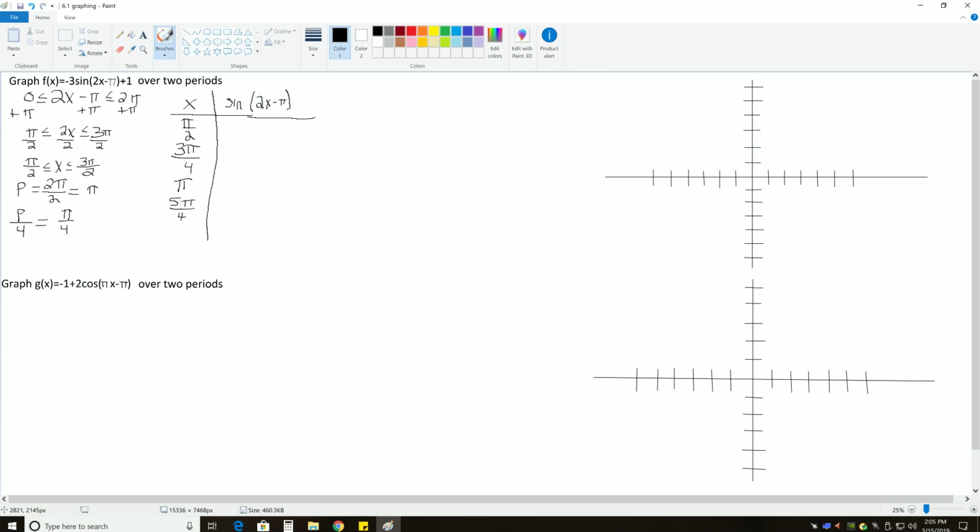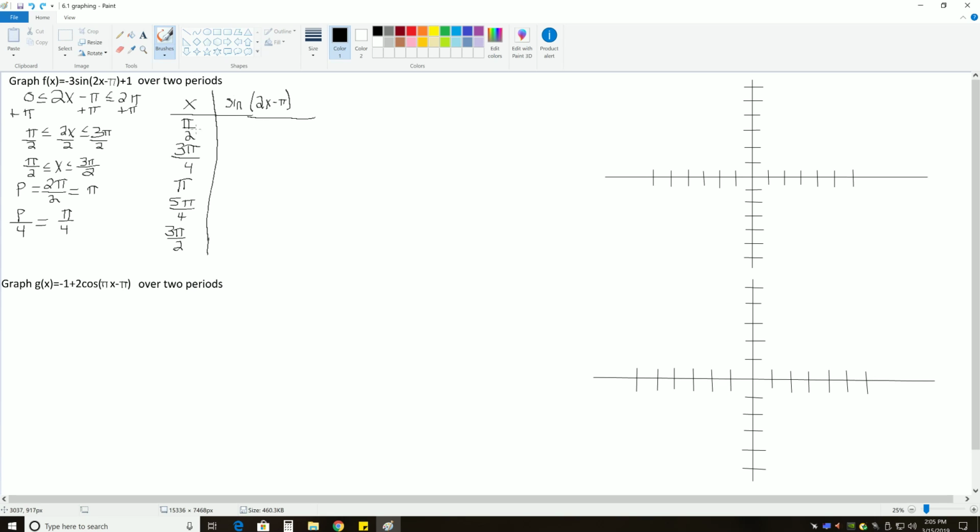And finally, we add pi over 4 to this again, which gives us 6 pi over 4, which we reduce to 3 pi over 2. And we can do a quick check to make sure we've done this properly. Our table starts with pi over 2, it ends with 3 pi over 2, just like our inequality over here. So that means we've done this properly.